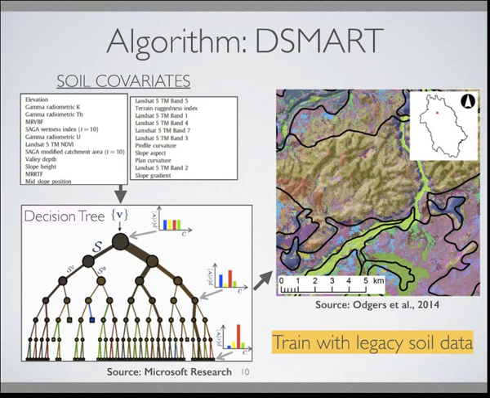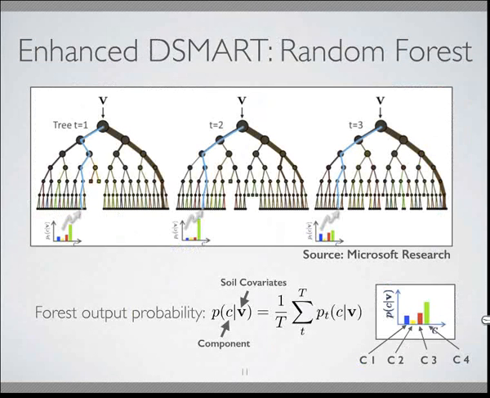So what we did over CONUS, we actually slightly enhanced DSMART by replacing the decision tree with a random forest. If you dig into the literature on decision trees, you can learn very quickly that decision trees are actually very prone to overfitting to data. And so random forests are actually just an ensemble of decision trees, where the N is the number of decision trees that you use.